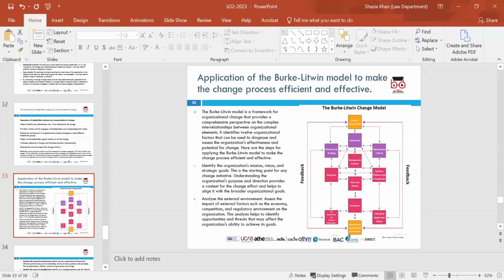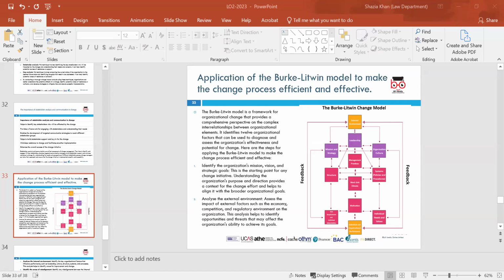According to the model, there are 12 critical factors. And it's a model that's used by organizations, and it works well with some organizations in regards to how they implement elements of organizational change, and whether it's efficient or not.